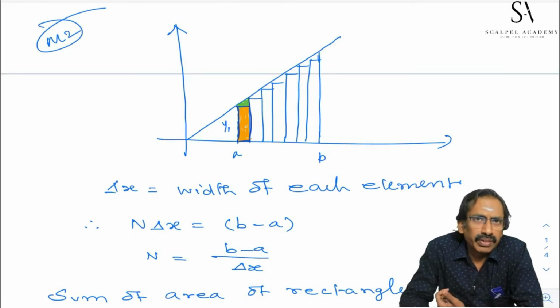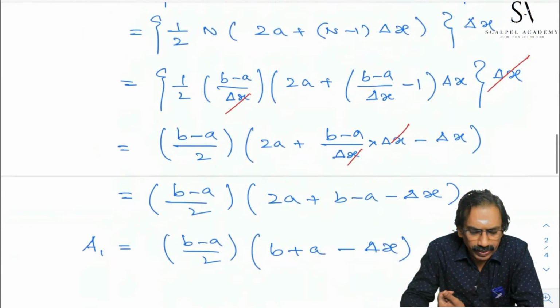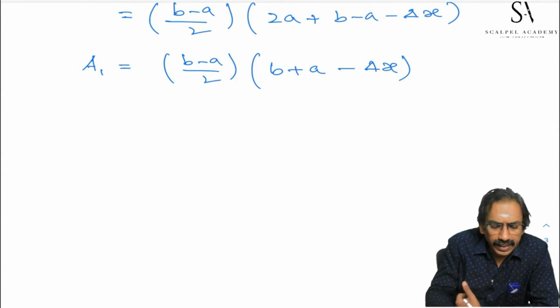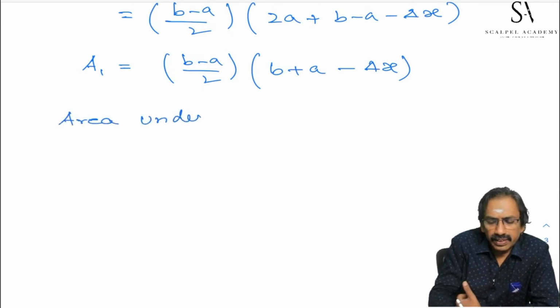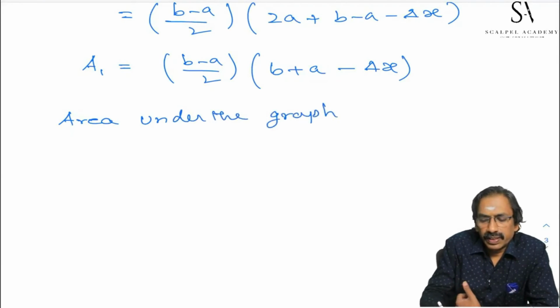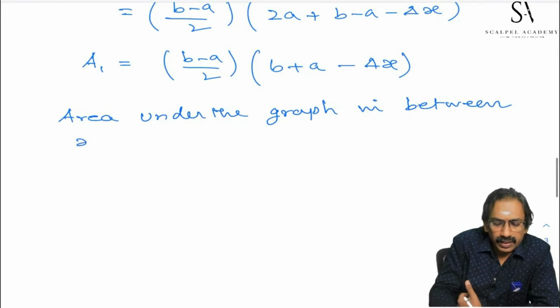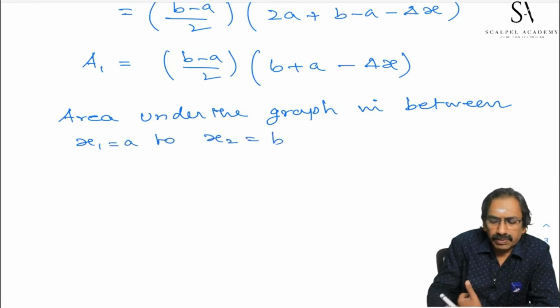Let us assume the sum of the area of triangles is A2. If so, what is the area under the graph in between x1 equal to a and x2 equal to b?